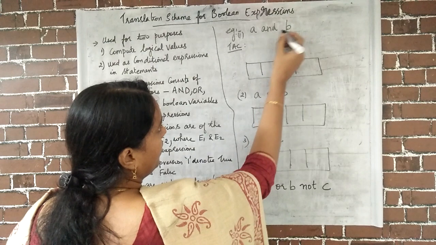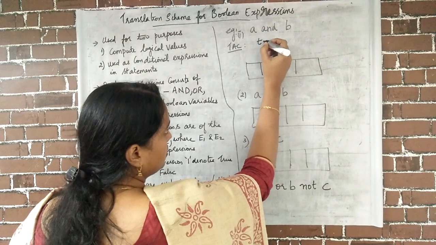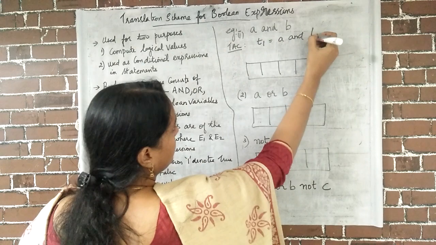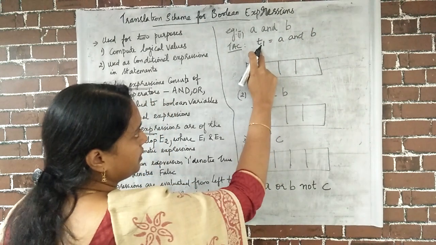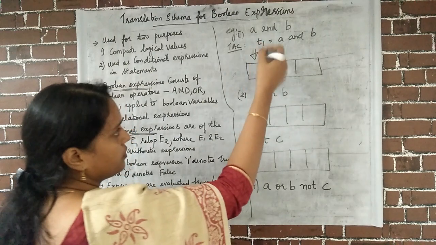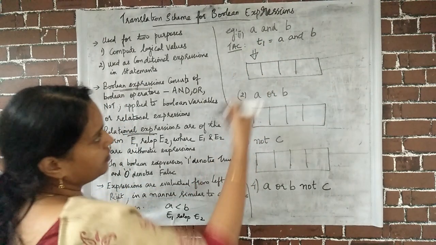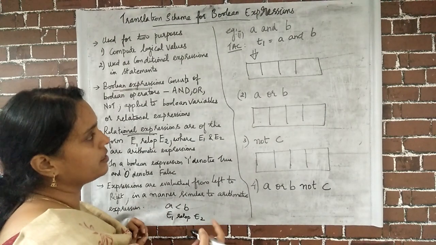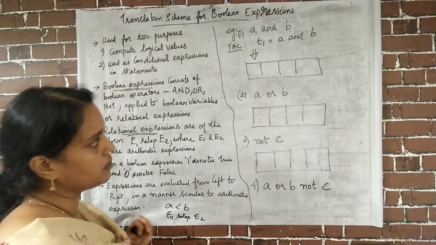We are going to store the result of A and B in the temporary variable T1. To implement this three-address code, we can use either a quadruple, triple or indirect triple. Now I am going to show how it can be represented using a quadruple.